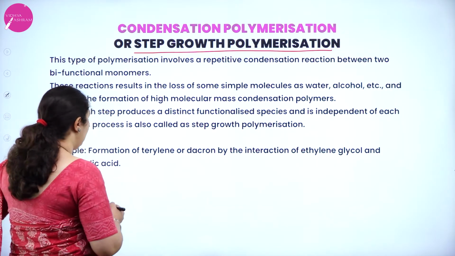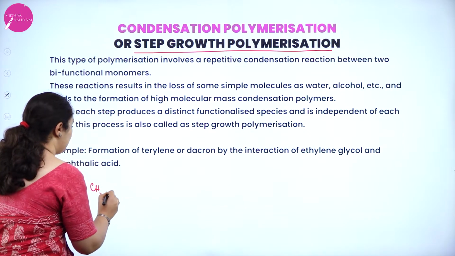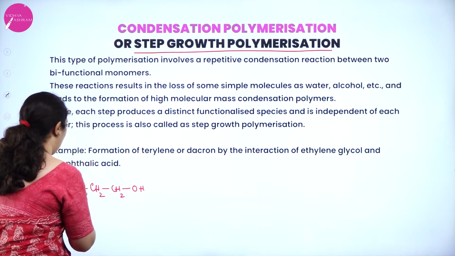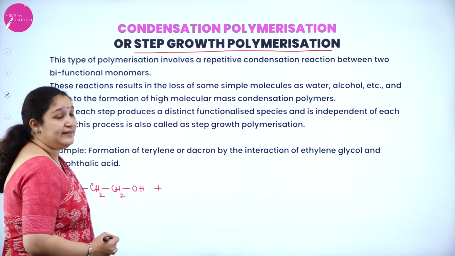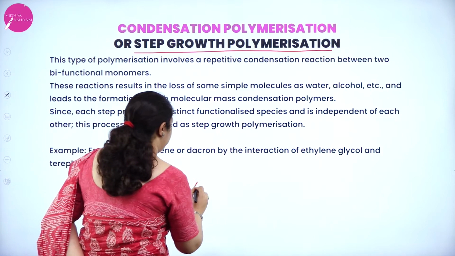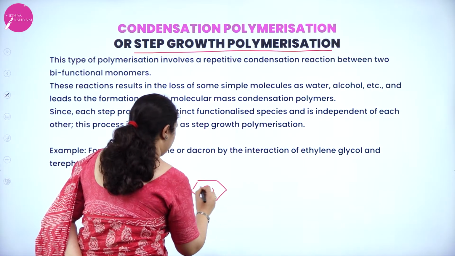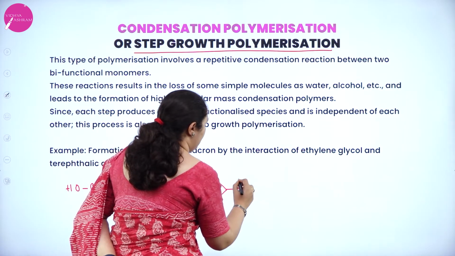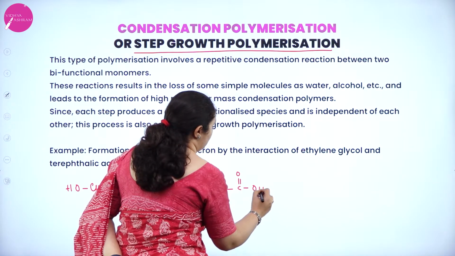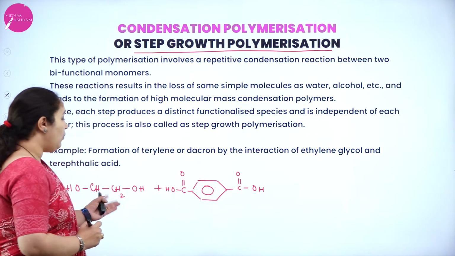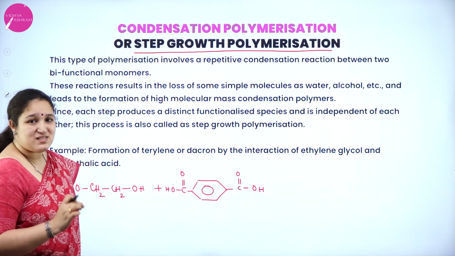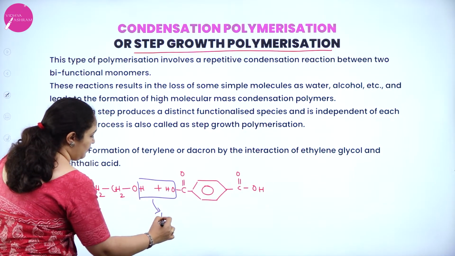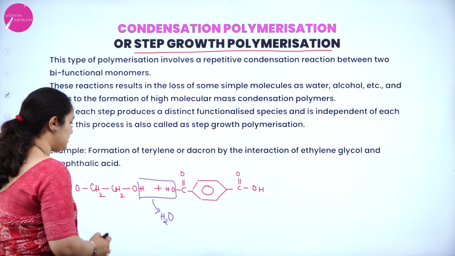So what is ethylene glycol? It is CH2, CH2, OH and OH. This is ethylene glycol. Terephthalic acid is C double bond O OH and C double bond O OH. Now, when these two react, there is a removal of water molecule. You can see the H2O molecule is removed.